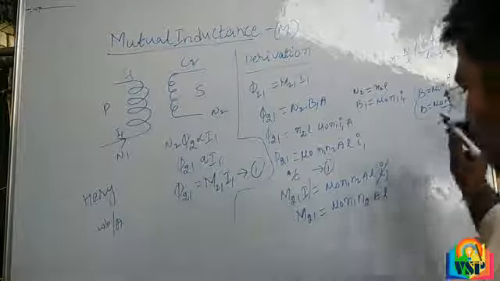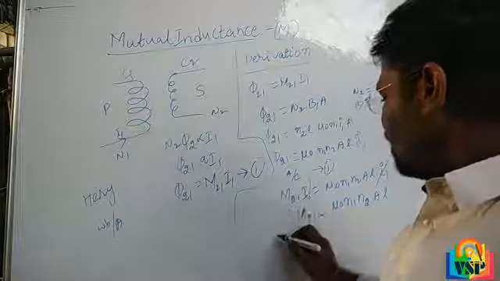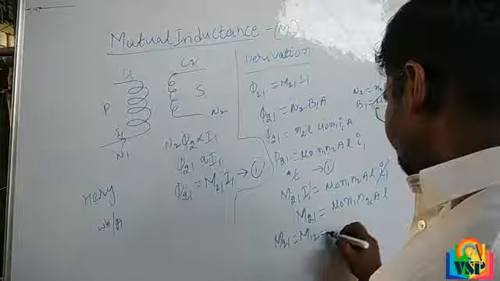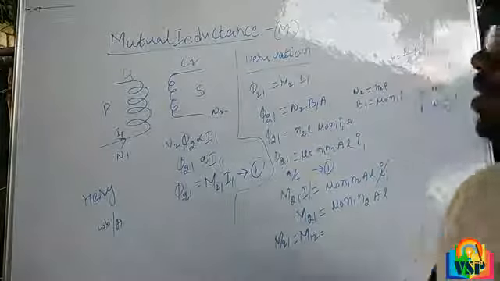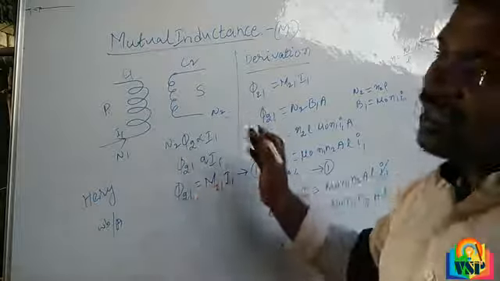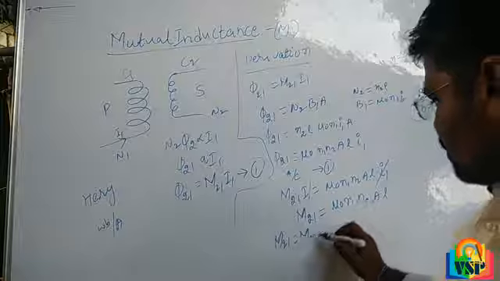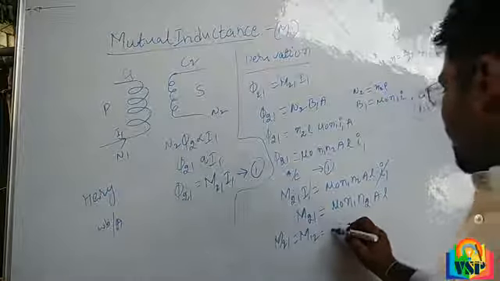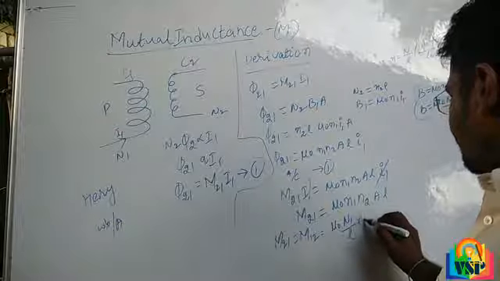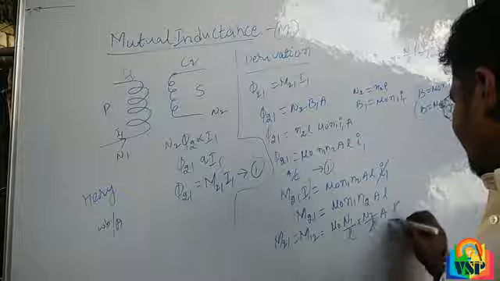In the form of capital L. So we know that M21 is equal to M12, same. How much magnetic flux is linked from coil 1 to coil 2, like that, coil 2 with respect to coil 1. M21 is equal to M12 is equal to mu naught N1 by L into N2 by L into A into L. L gets cancelled.